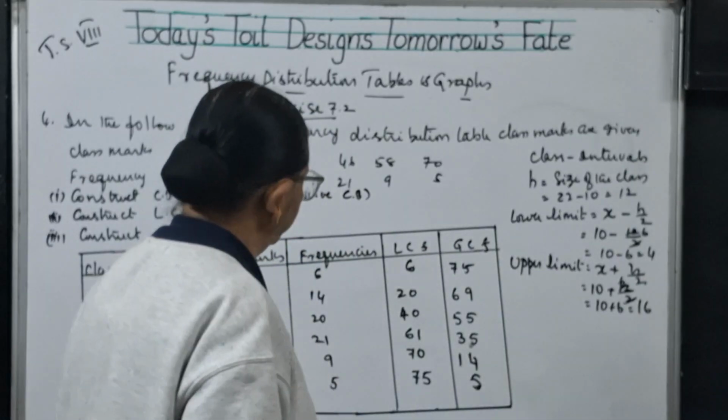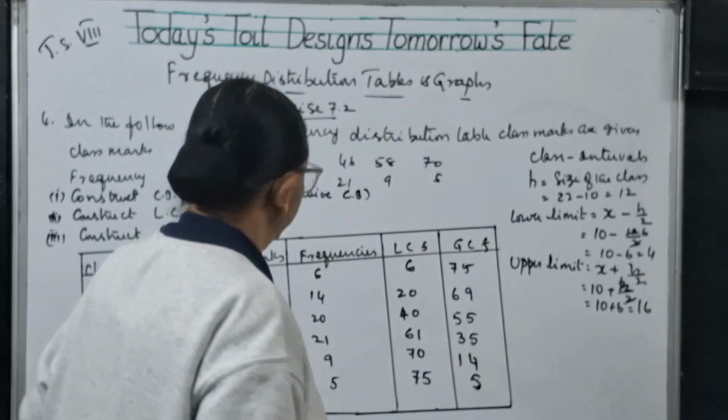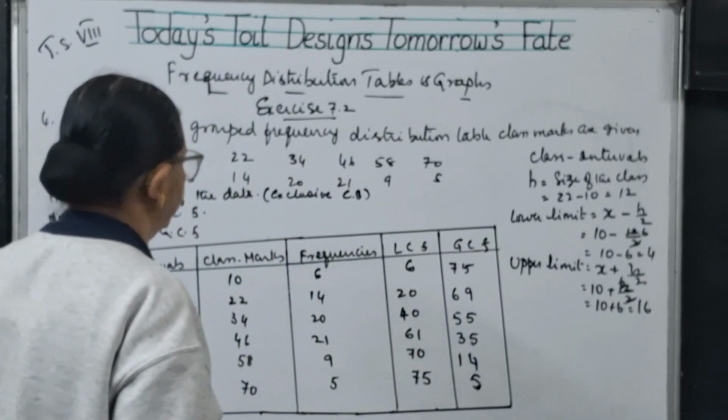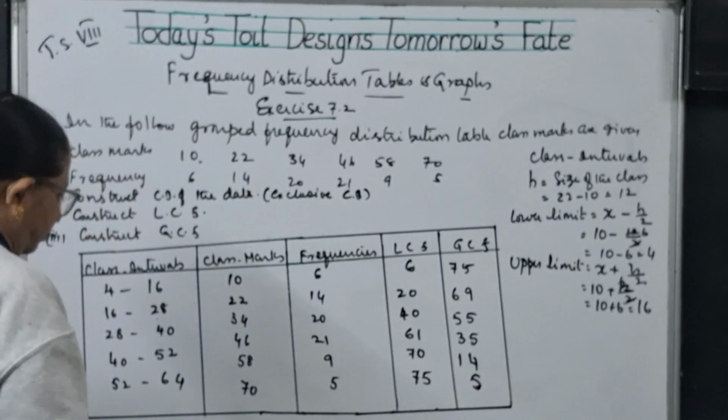So this is how you write greater than cumulative frequency and less than cumulative frequency.